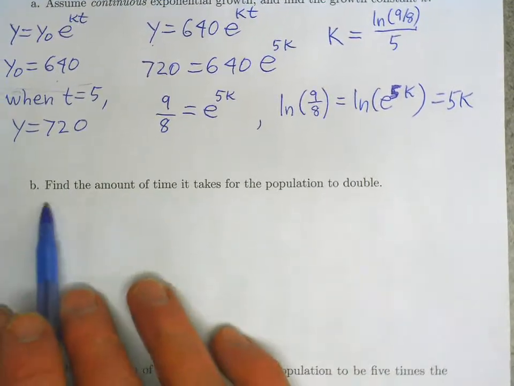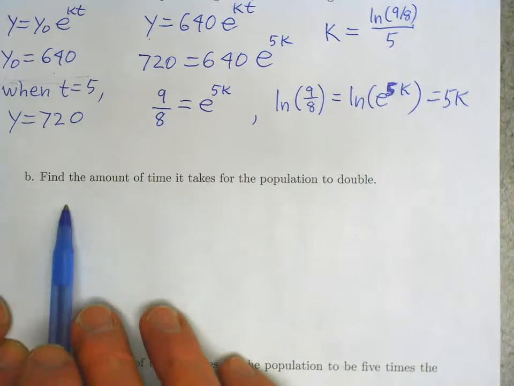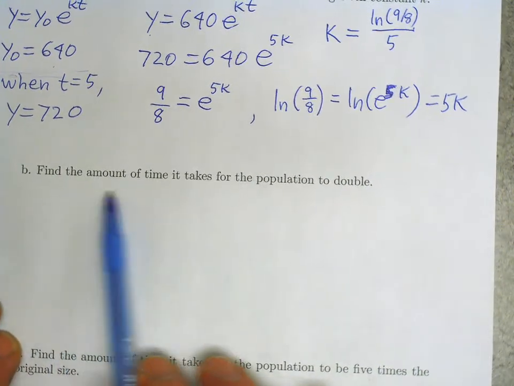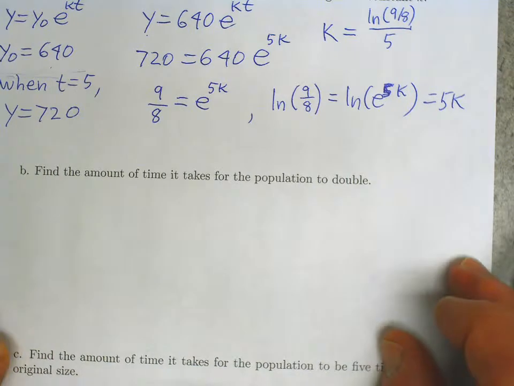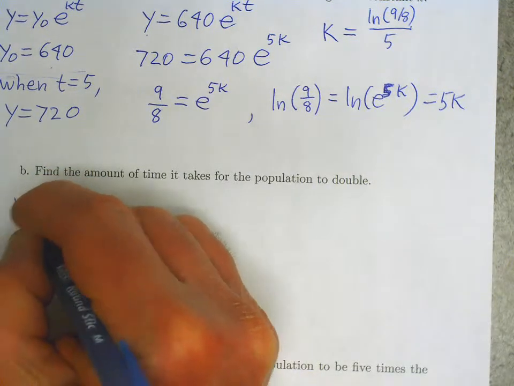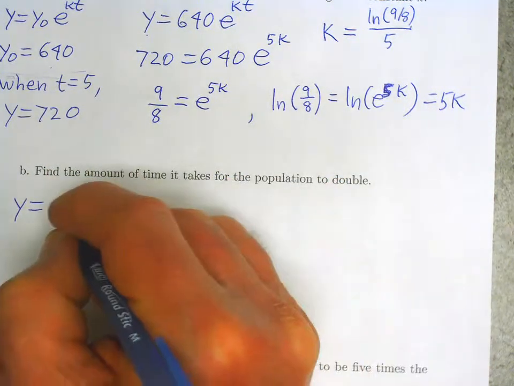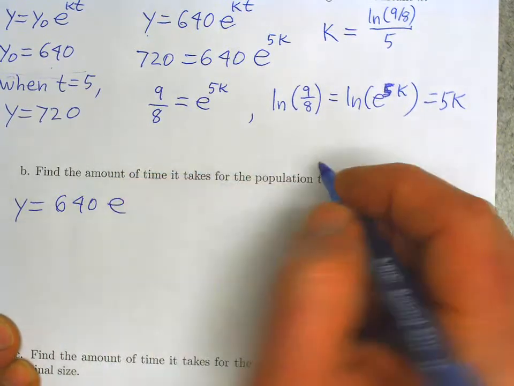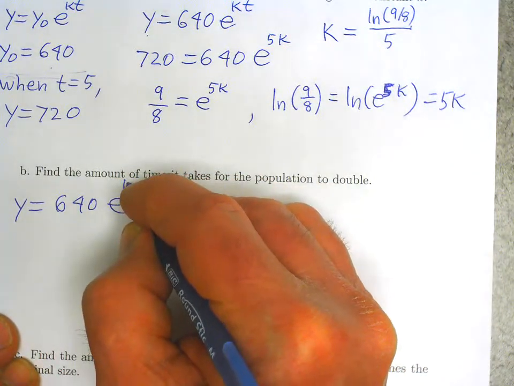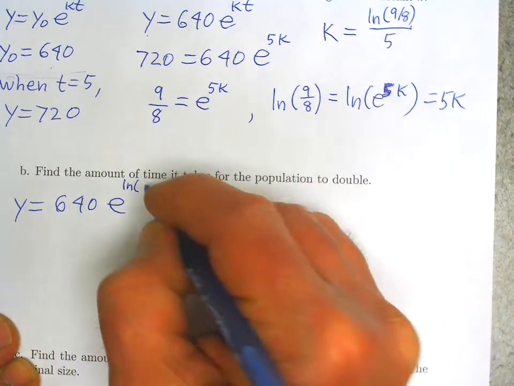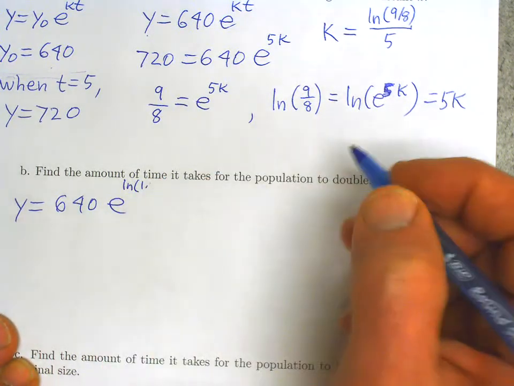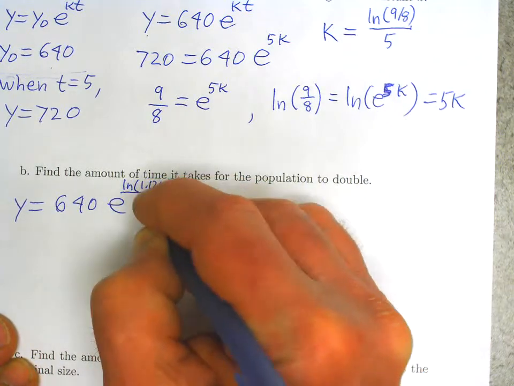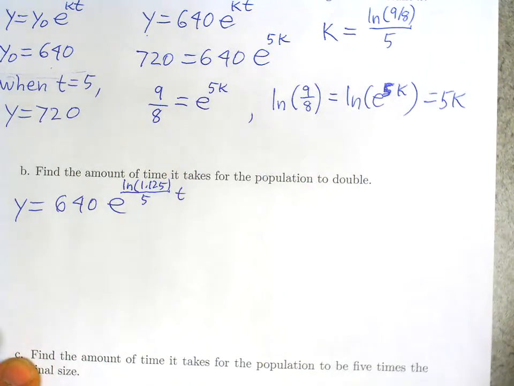Okay, so for part B, to find the amount of time it takes for the population to double, that's like asking for the doubling time. We need to write the function y equals 640 times e to the, I'm going to write it as the natural log of 1.125 over 5 times t.